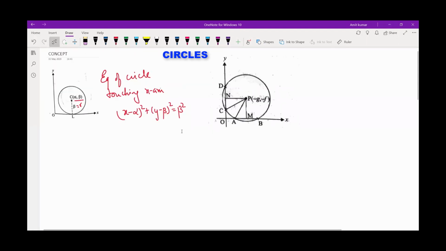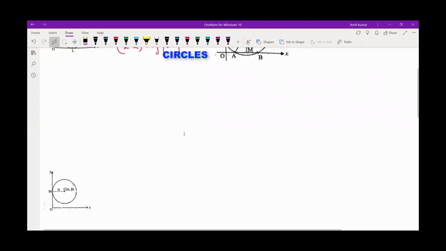This is the equation of the circle in standard form, (x minus h) whole square plus (y minus k) whole square. Now in this second diagram, the circle is touching the y-axis, so the equation of a circle touching the y-axis is, this is the center, and the radius comes out to be the x coordinate of the center.